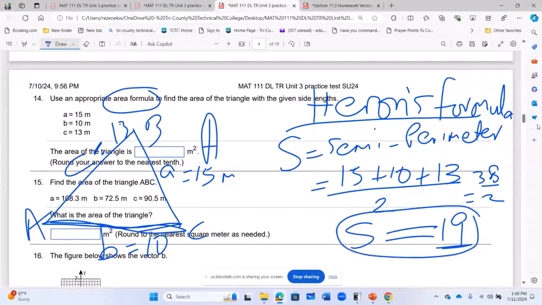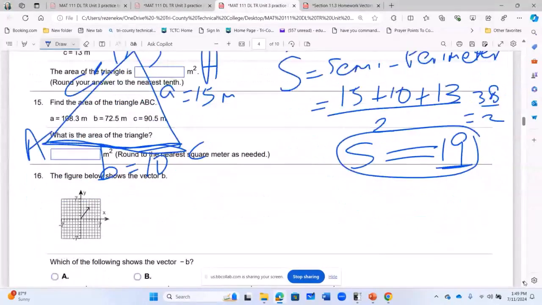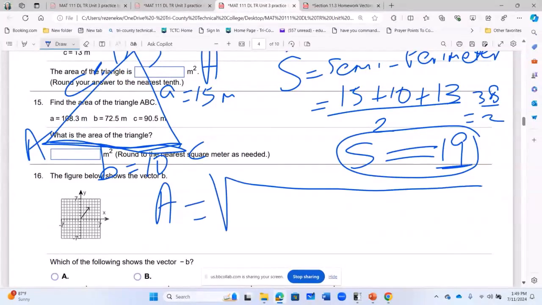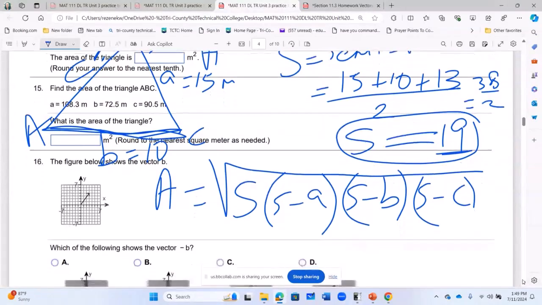Now we write Heron's formula. So by Heron's formula, area is equal to the square root of S times S minus a, S minus b, S minus c, and then simplify. So we're going to just put it in.